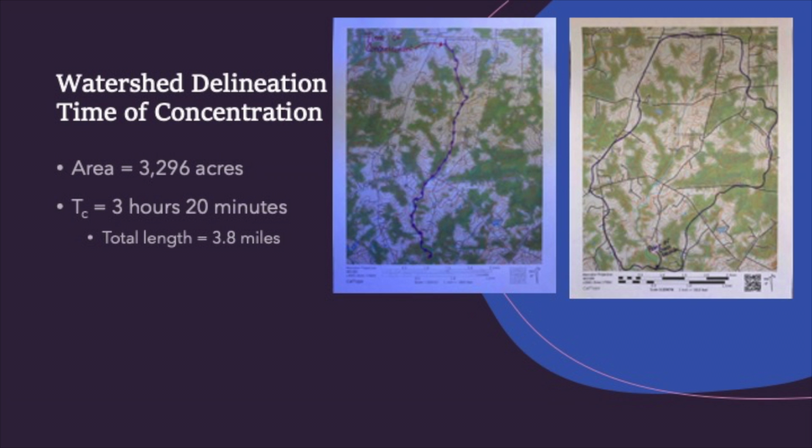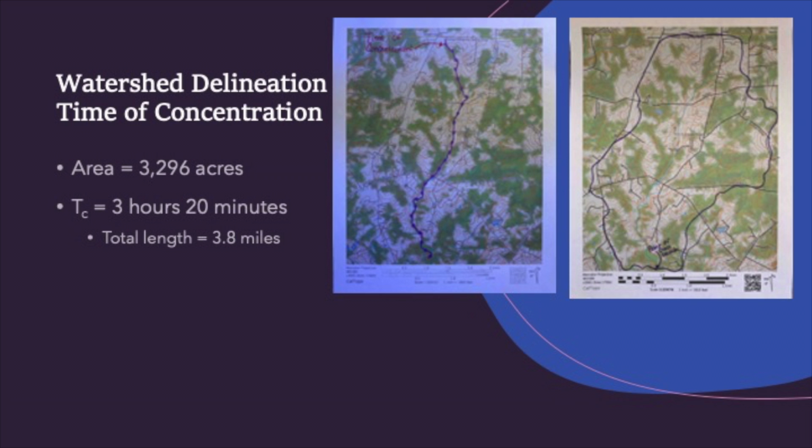And for time of concentration, there's that purple arrowed line. The time of concentration is the time needed for water to flow from the most remote and furthest hydrologic point in the watershed to the outlet point. We used Kirpich's method and the NRCS method.